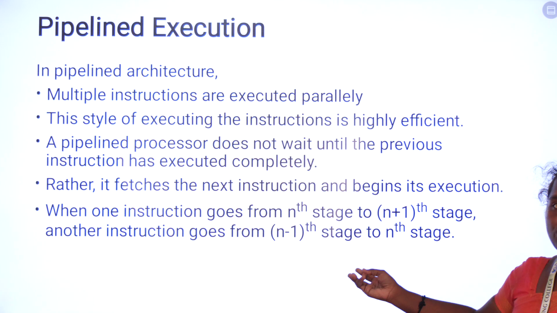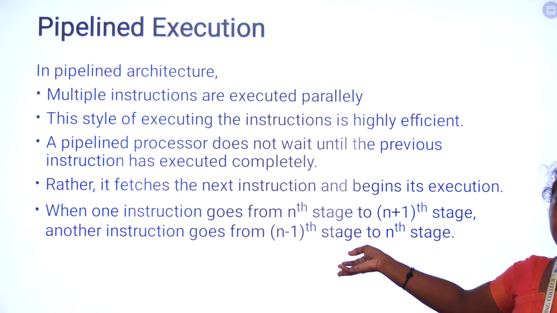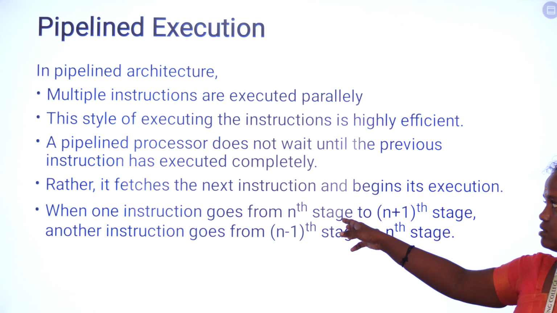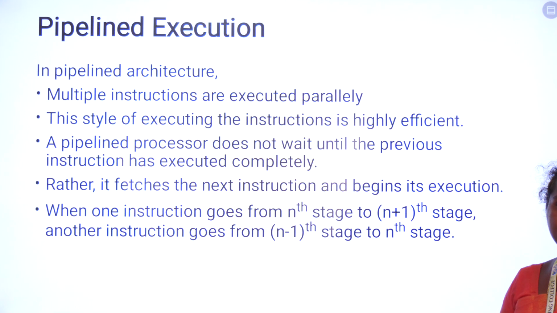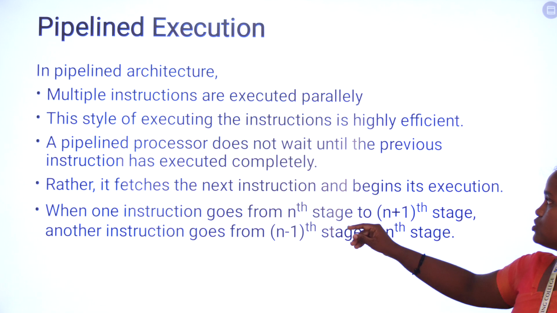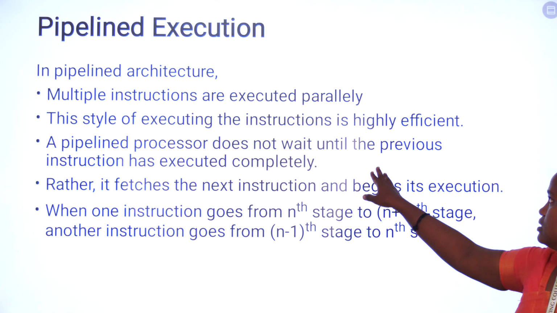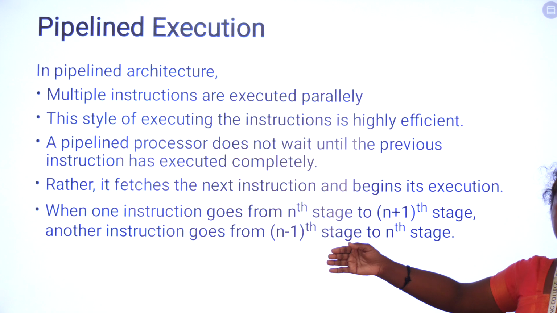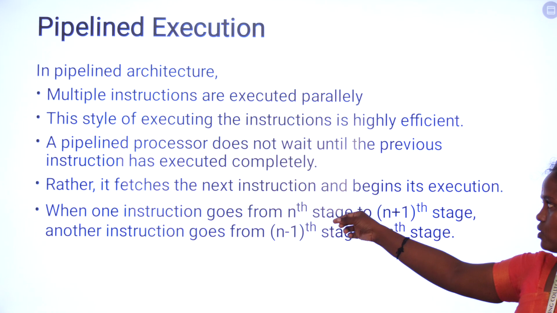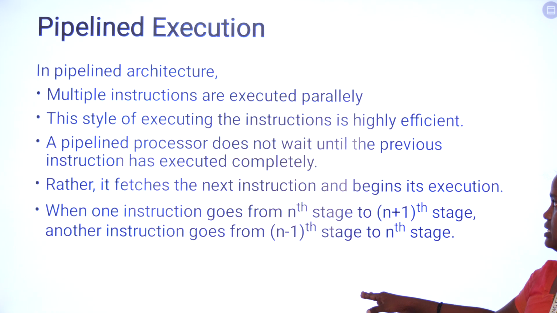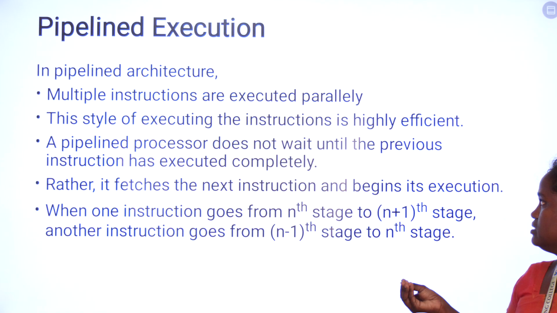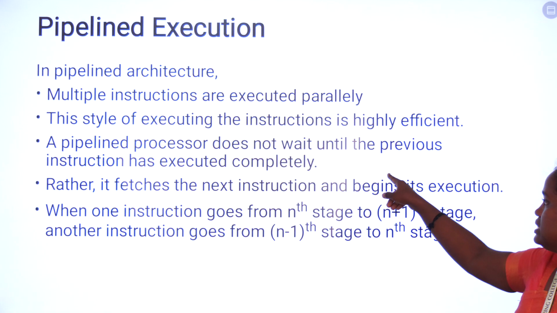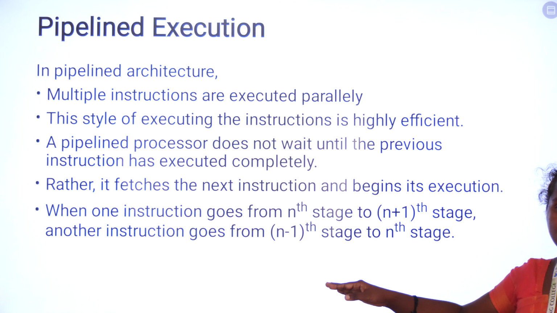Now we will move to the next execution, that is pipelined execution. In a pipelined architecture, multiple instructions are executed in parallel. This style of execution is highly efficient. Why? Because in a pipeline processor, the next instruction does not wait until the previous instruction has executed completely.